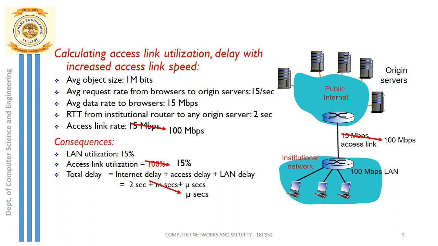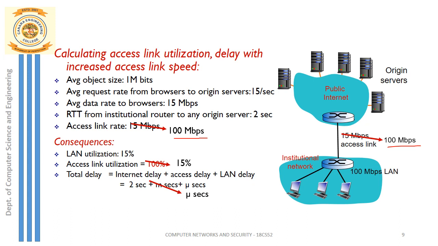So here we increase the access link speed from 15 Mbps to 100 Mbps. Everything else we consider the same as the previous slide. So what happens whenever we increase the access link speed?